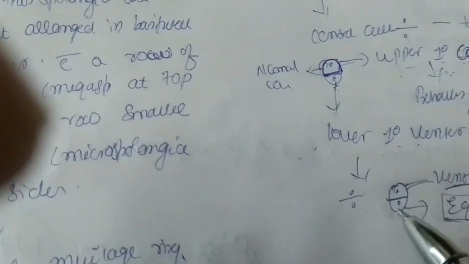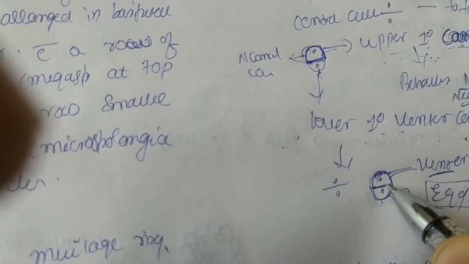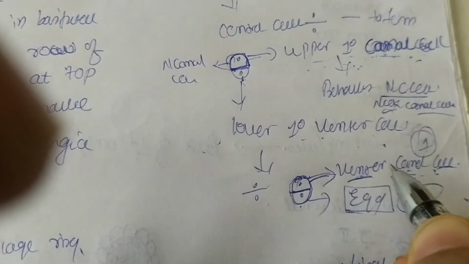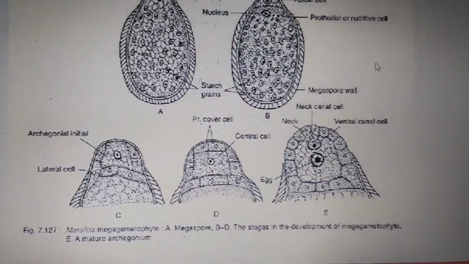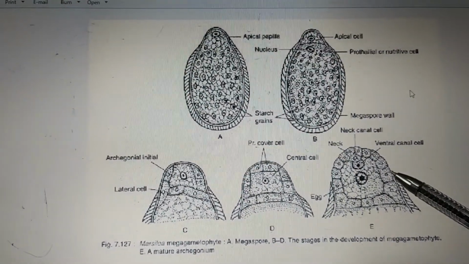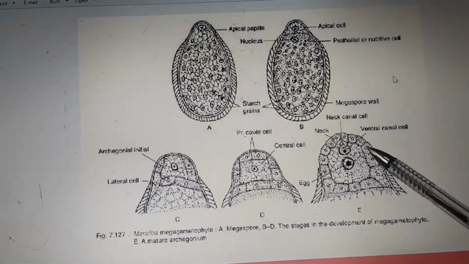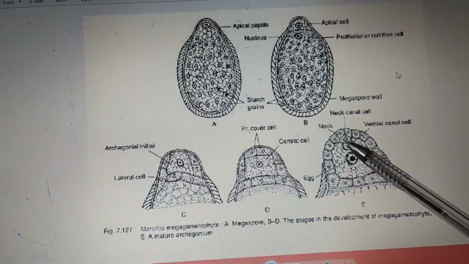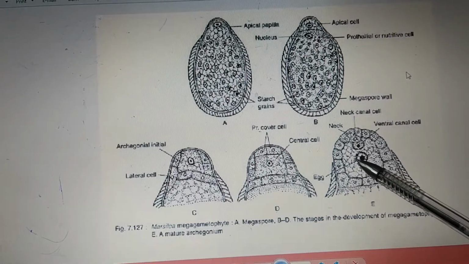This primary venter cell again divides transversely, leading to formation of 2 cells. One is the venter canal cell, another one is the egg cell. In this way, we can have this structure of the mature archegonium, where there is the presence of the neck and neck canal cell, one venter canal cell, and a mature egg.